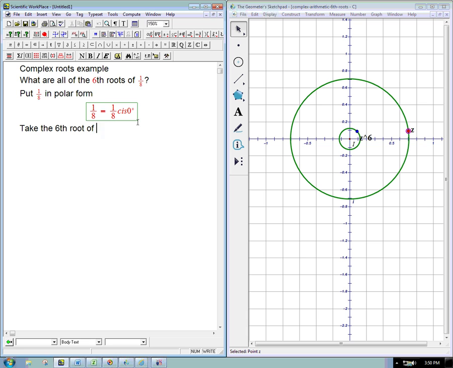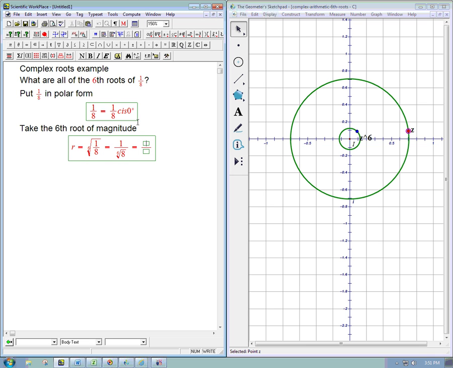Okay. So now I am just going to take the sixth root of the magnitude. So my desired r for the roots is going to be the 6th root of 1/8. Now I picked that to give us a little practice. What is that? Well, the 6th root of 1 over something is 1 over the 6th root. We need all the practice we can get on this.